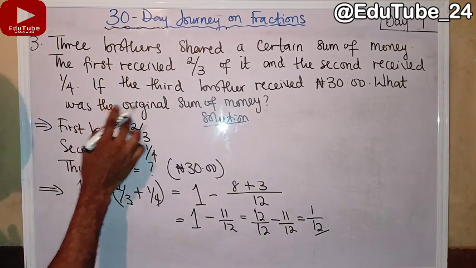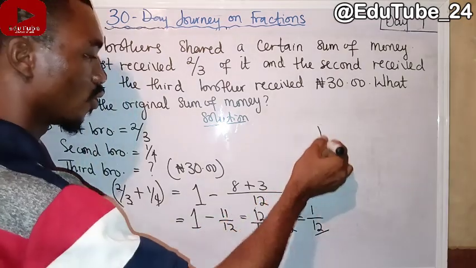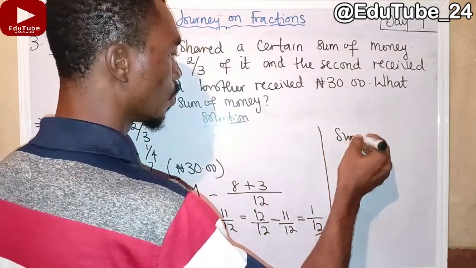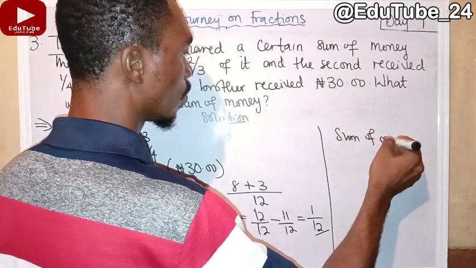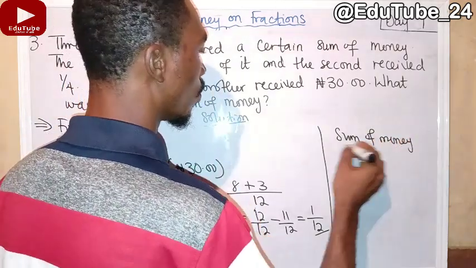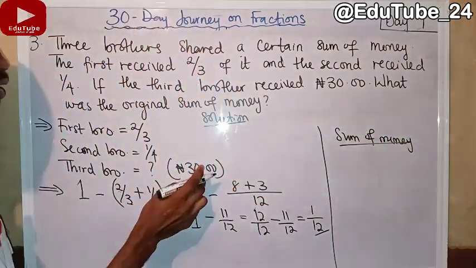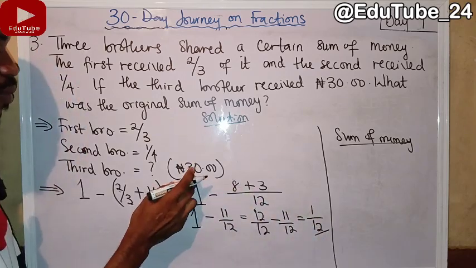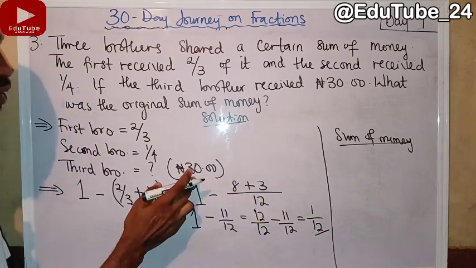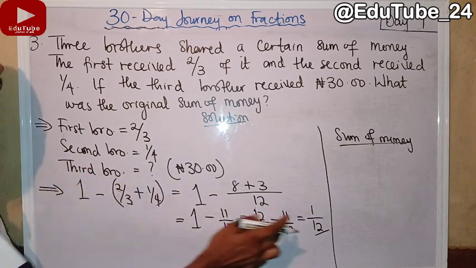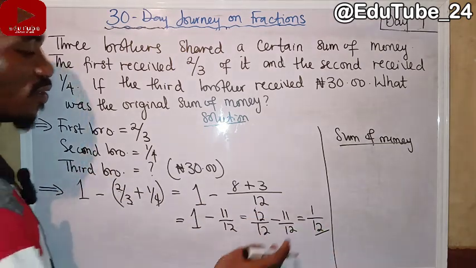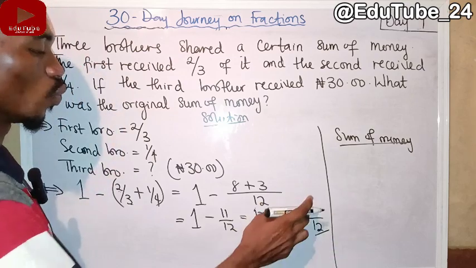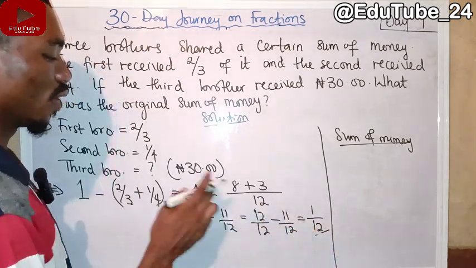Now the main question is, what is the original sum of money? So I'm going to make a demarcation here. Sum of money. So this 30 naira represents this 1/12. If 30 naira for the third bro represents 1/12, that means 1 out of the 12 parts of the entire money is 30 naira.